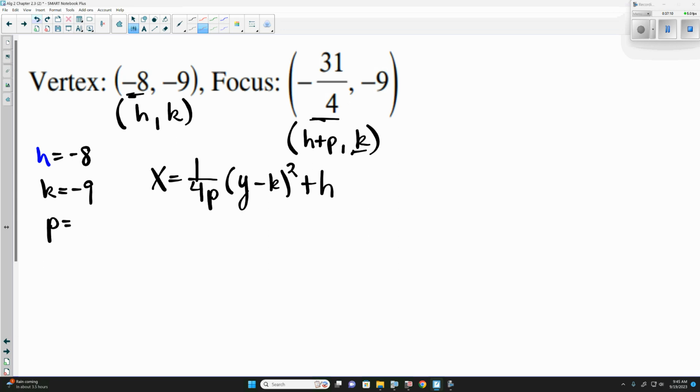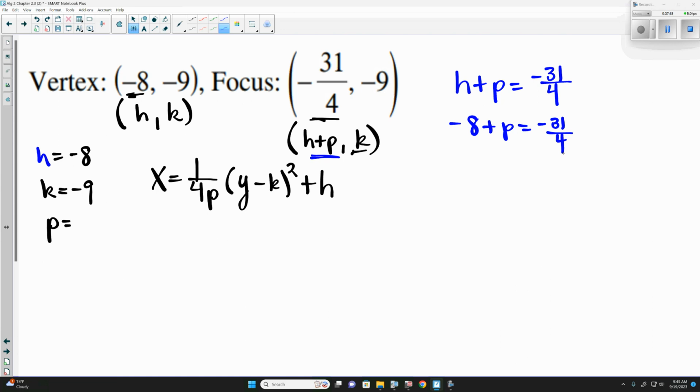Does that make sense? And yes, I will reiterate, we are taking a lot of time for very few problems that don't really need this time, but I feel that we need to give it this time. Because what is the last thing we need to find? p. So we're saying that h plus p is -31 over 4. Well, our value of h is -8.